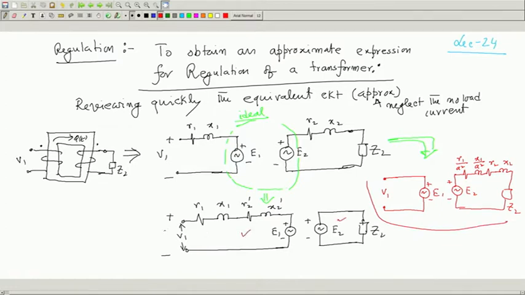This circuit can be shown to be, let me use a different color, V1, and here R E1, this R1 plus R2 dashed, then X E1, and here I will forget about this ideal part and connect a square Z2.